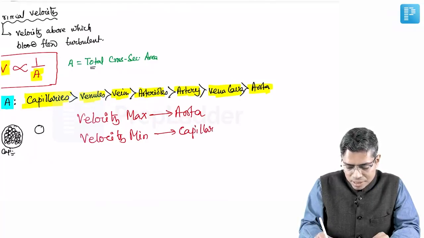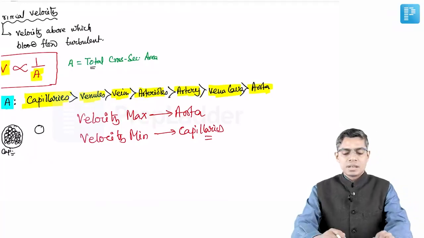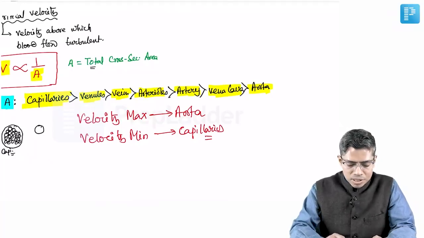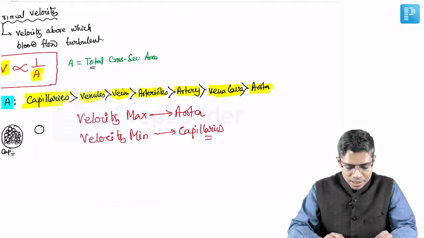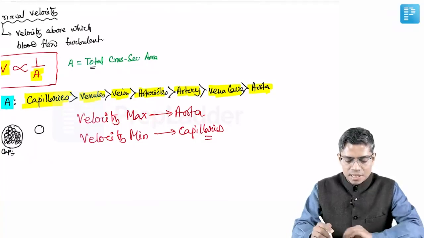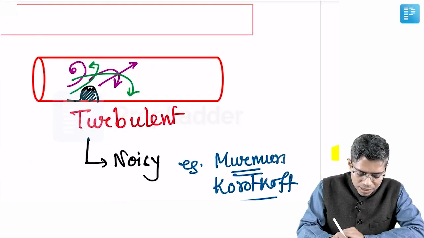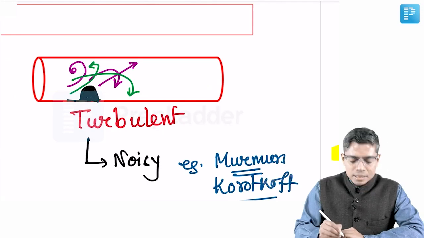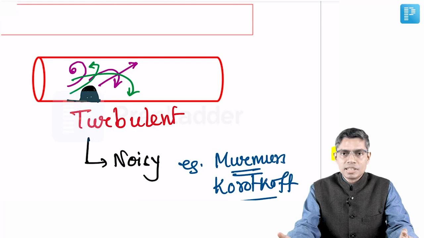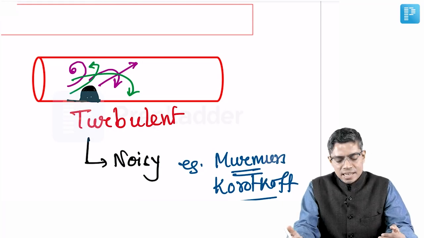Okay, so look, I told you at the beginning of the turbulent and laminar flow discussion that whenever there is an obstruction in the vessel, there will be a kind of turbulent flow. Why did I say that?